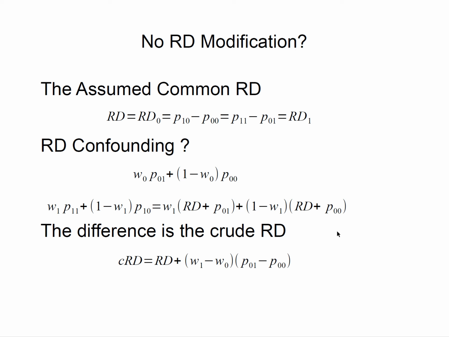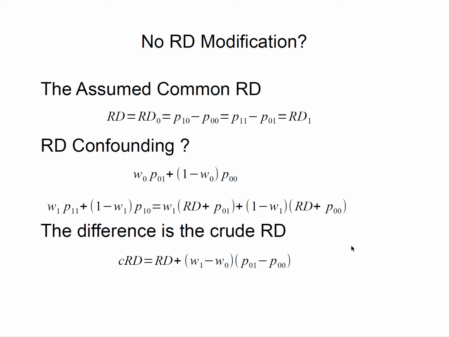There are many ways to express this. But notice that we get the very familiar scenario. If the weights or the fractions are the same, that means W1 is equal to W0, then the crude and the assumed common will be the same. Further, if the probabilities in the case of those unexposed are the same, then the crude is the same as the assumed common.